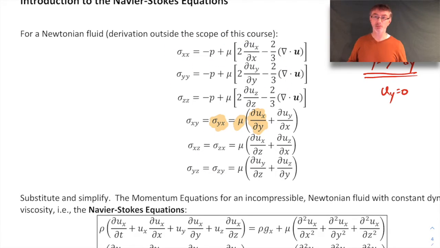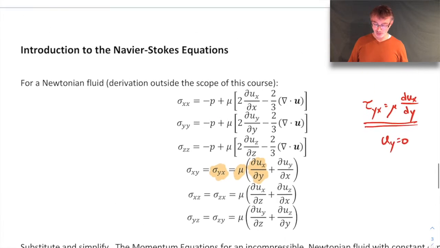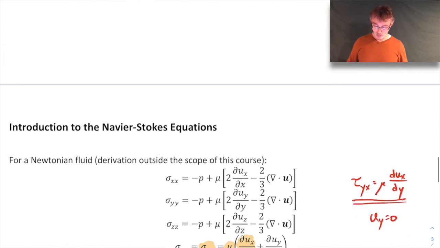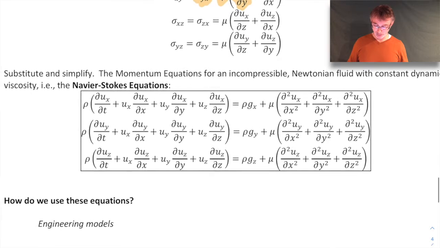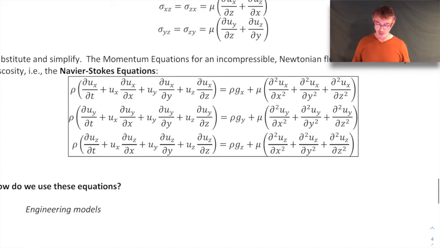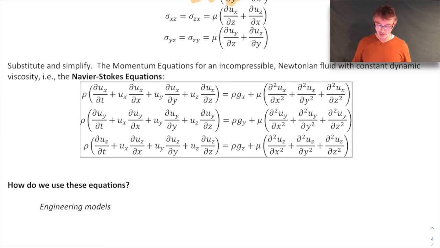So we can take those expressions, substitute them all back up into our momentum equations for the various sigma terms, and then simplify it. And we can go ahead and do that, and I'll save you all the algebra, but trust me that when you go through and do it all, you end up with the following set of expressions right here. So these are the momentum equations specifically for an incompressible Newtonian fluid.